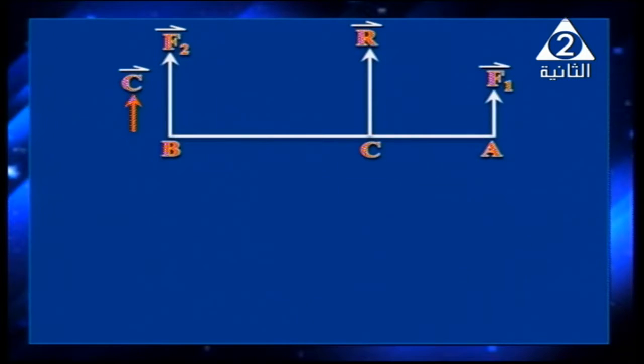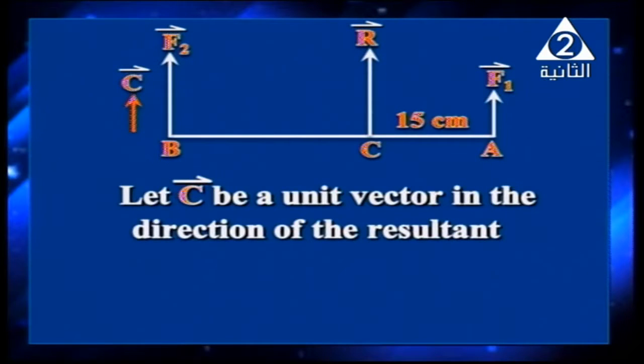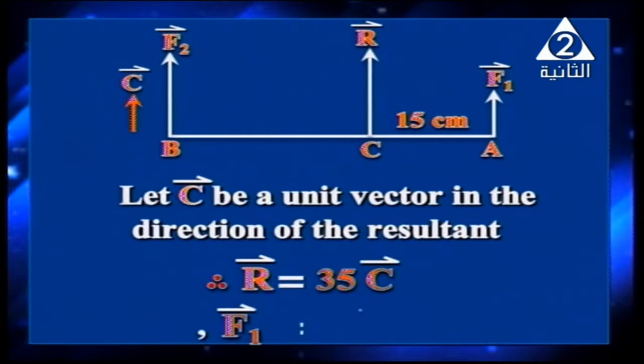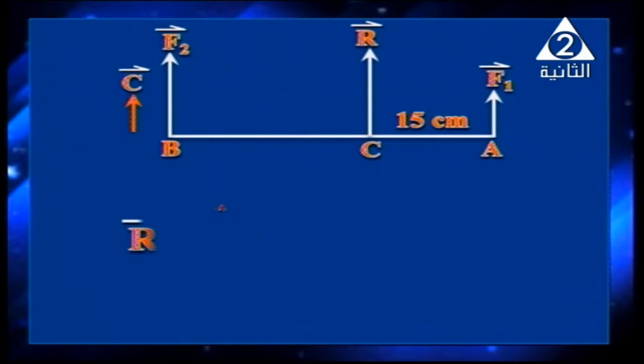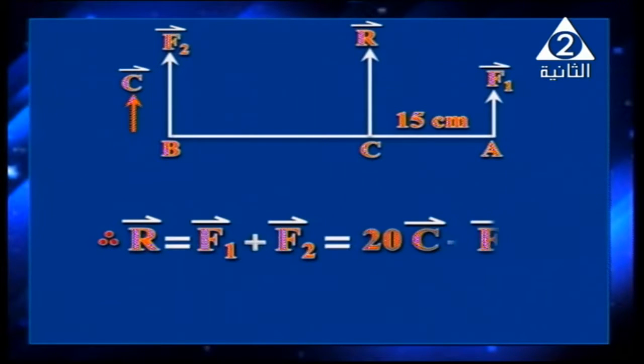AC is 15 centimeters. The resultant R equals 35, F1 equals 20, then in this case F2 equals 15 in the C direction.